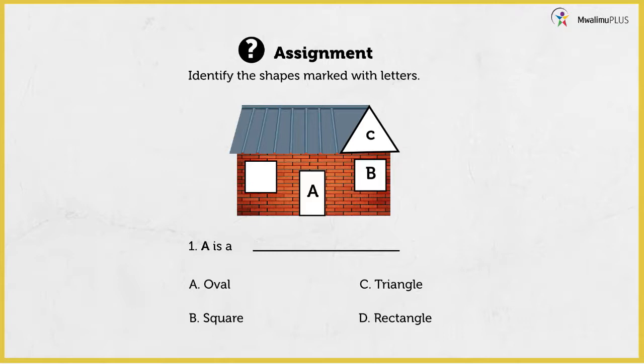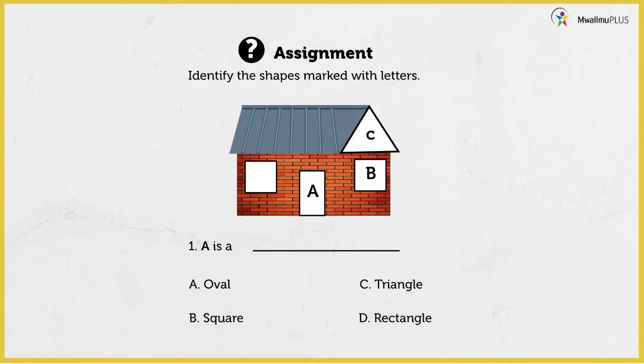So learners, I have this for you today. Identify the shapes marked with the letters. This is a building. It has been marked with letters A, B, and C. So you are to write for me those particular areas that are marked. For example, number 1: A is a dash. Is it an oval? Is it a triangle? Is it a square?